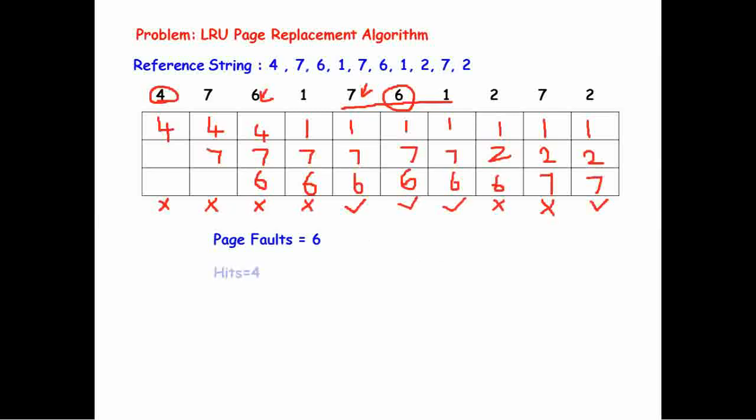Hit ratio is equal to total number of hits divided by hits plus misses. So this is equal to 4 divided by 10, which is equal to 0.4. Suppose if we need to find miss ratio, it is equal to 1 minus hit ratio, which is 0.6. So this is the way to solve the given problem using the least recently used algorithm.